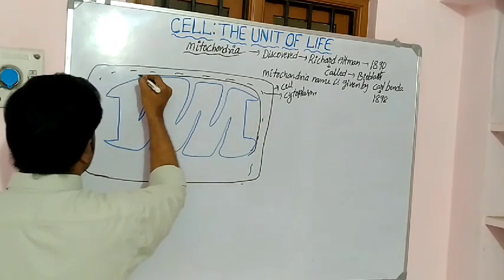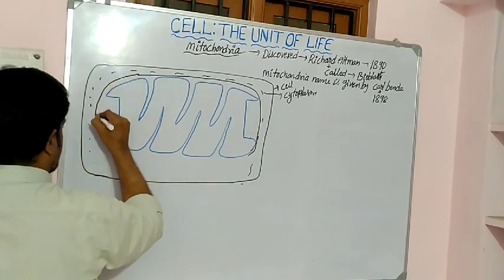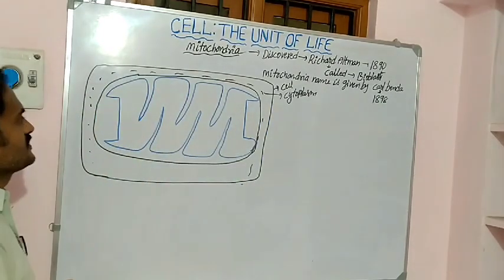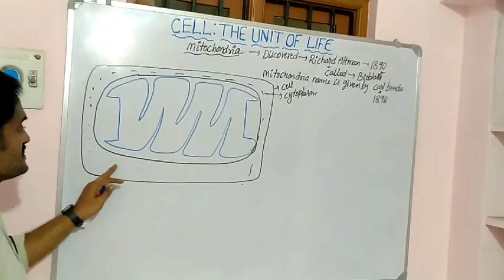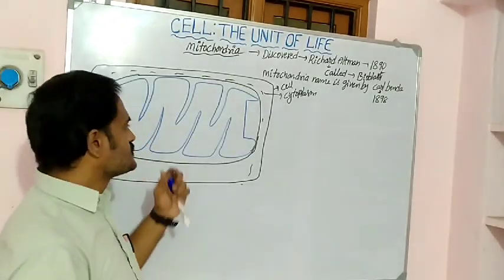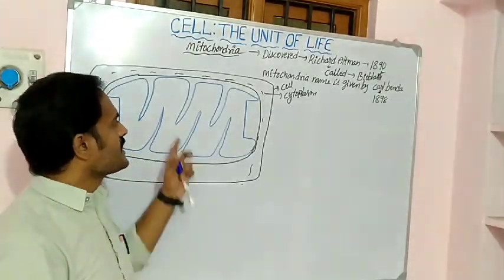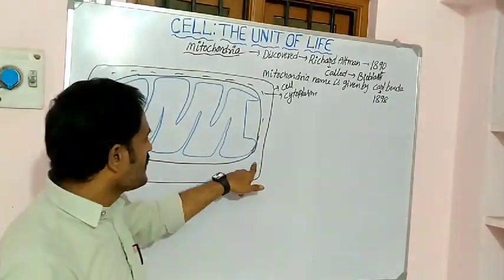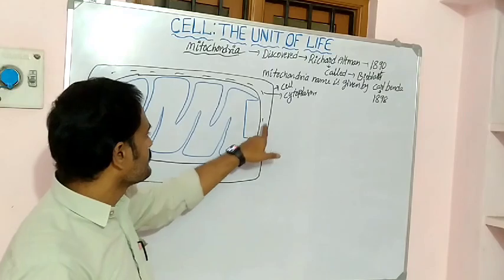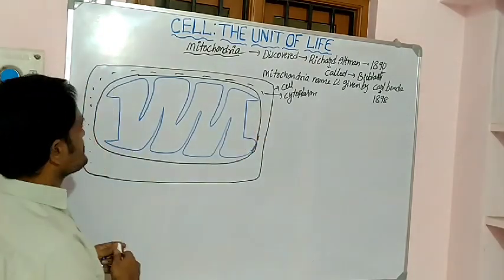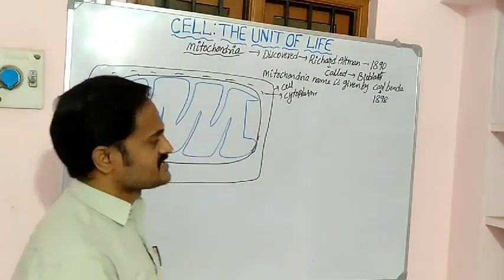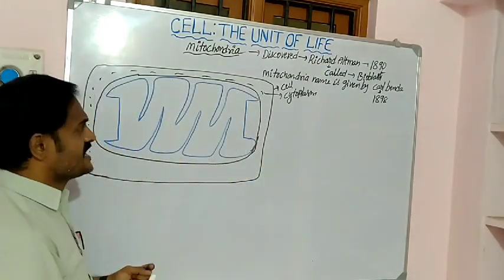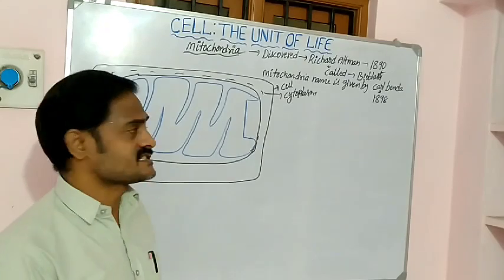So I will draw a big diagram of mitochondria for understanding purposes. Mitochondria are not this big in the cell. They are too small, but we are going to explain each and every part of the mitochondria. I will draw this diagram. See here. This is a double membrane structure. So mitochondria is which type of cell organelle? Double membrane structure.